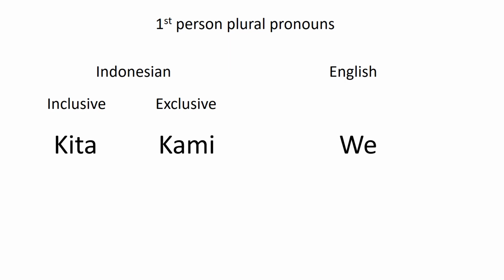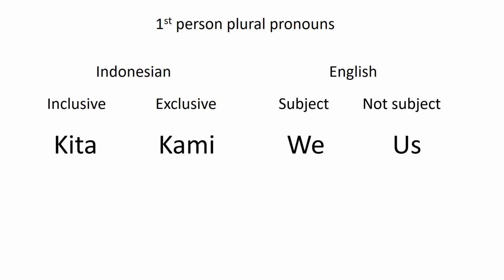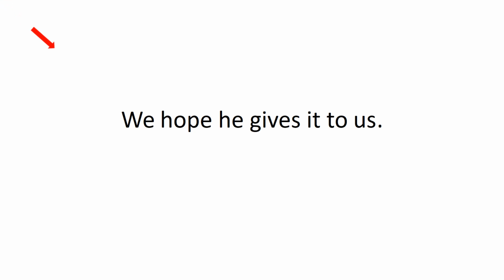On the other hand, a bit of information that English requires speakers to make explicit through their choice of first-person plural pronoun that Indonesian does not is whether or not the speaker is the subject of the sentence. So, for example, in this sentence, we is used at the beginning because it is the subject, and us is used at the end because it is not.